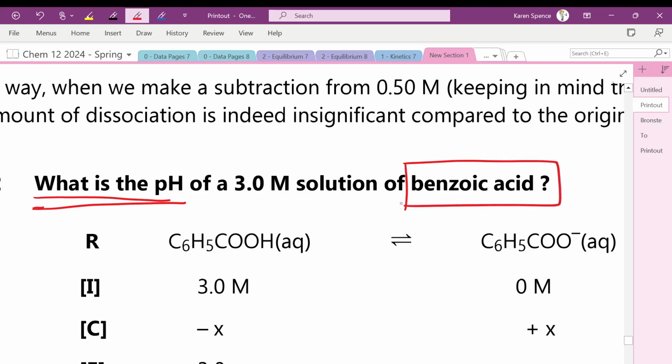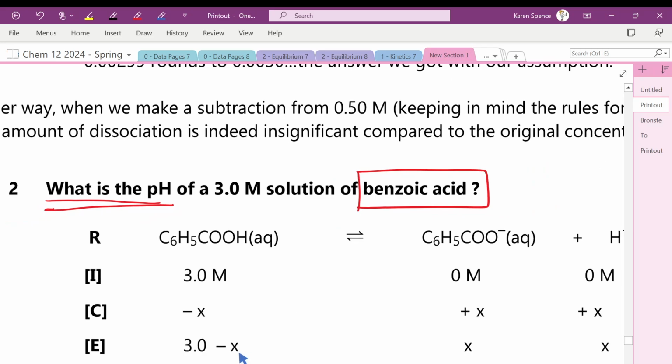Tell your partner. Yep, you should ask yourself, is it weak or is it strong? And go look up benzoic acid and tell me, which one do we have?